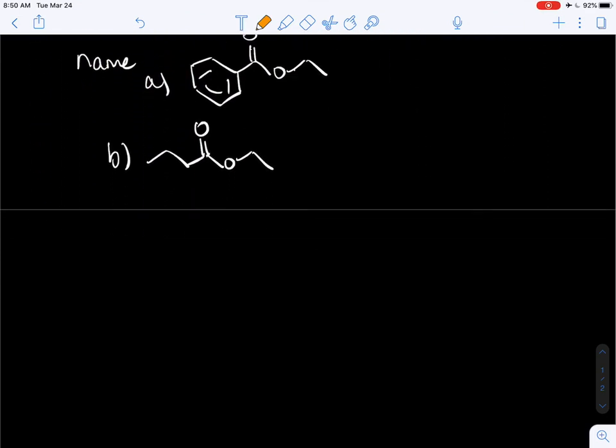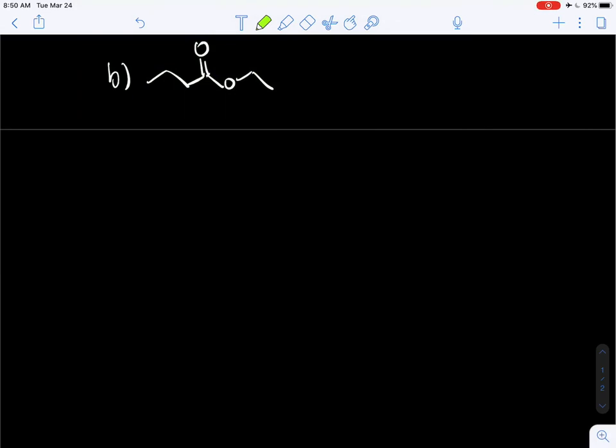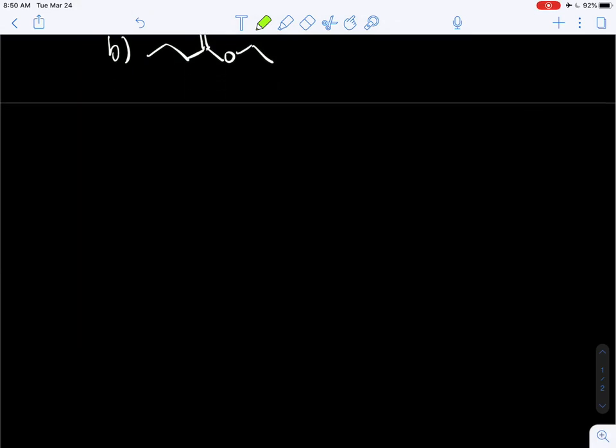All right, so let's do a couple of reactions with the esters. So again, we can take any old carboxylic acid we like, in this case benzoic acid.